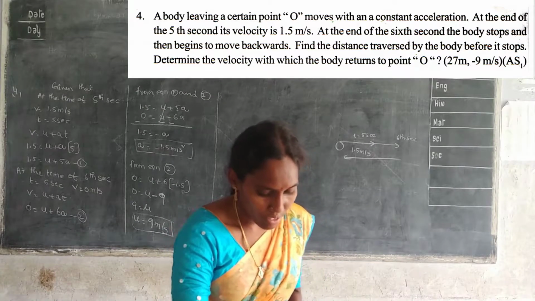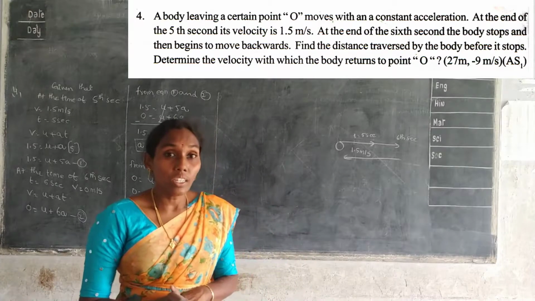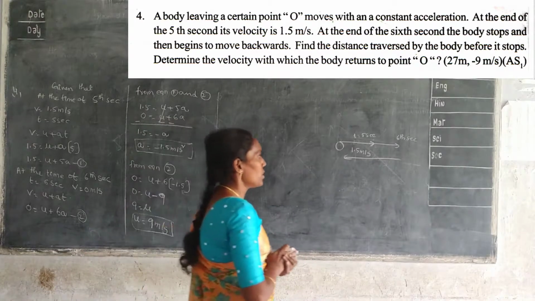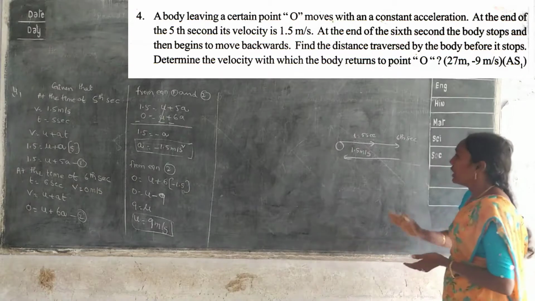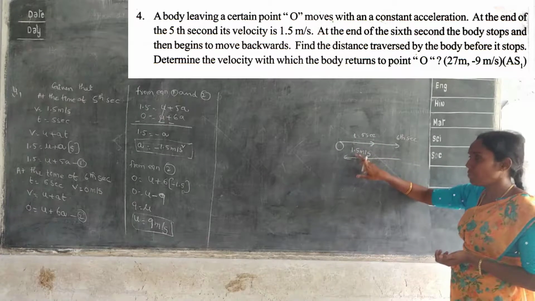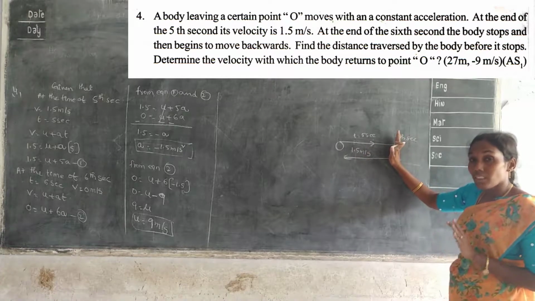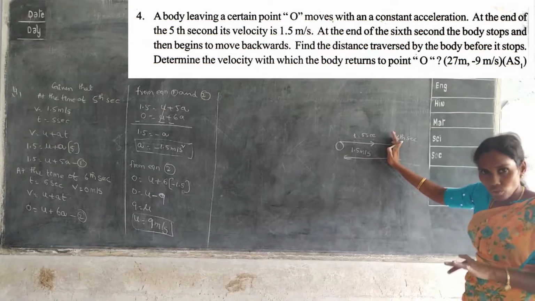Then find the distance traversed by the body before it stops. At the end of the 5th second, the final velocity of the body becomes 1.5 meter per second. At the end of the 6th second, the body stops.